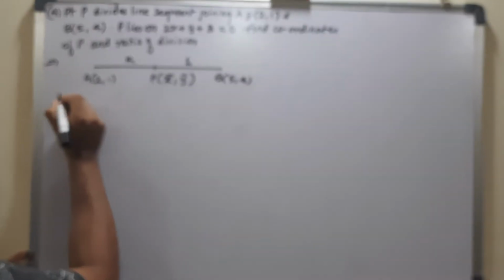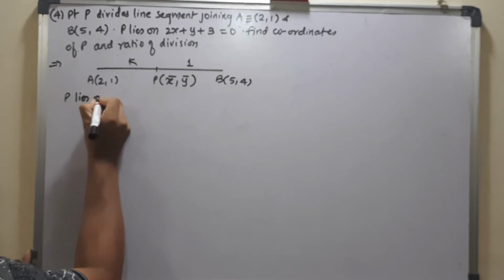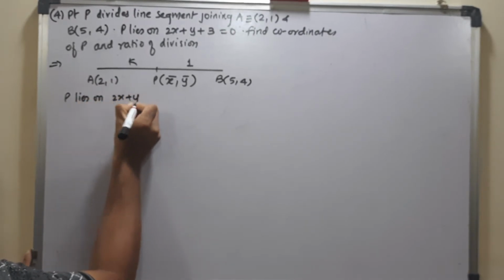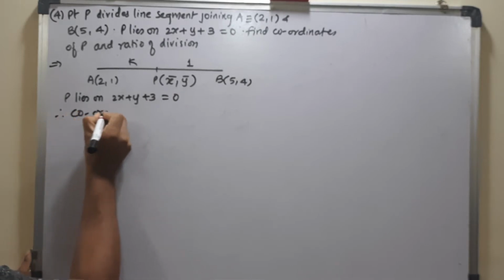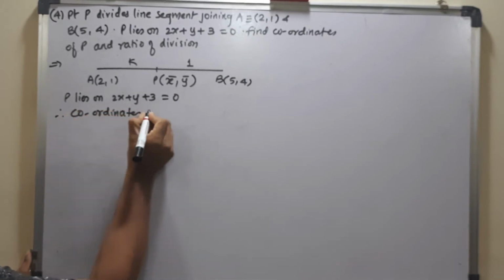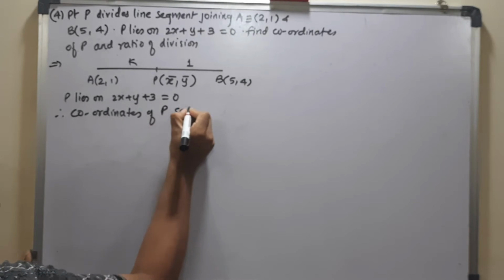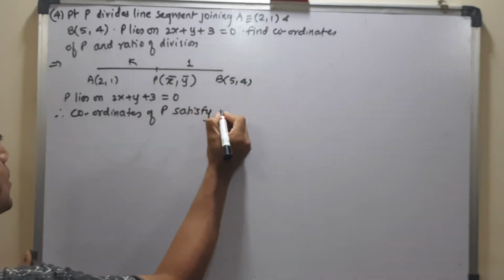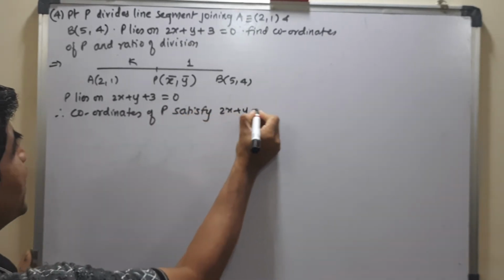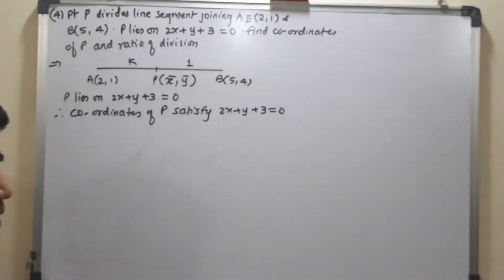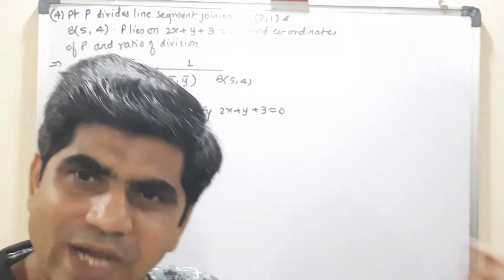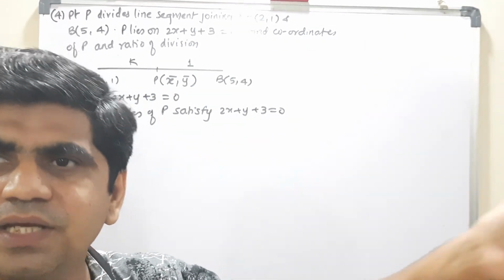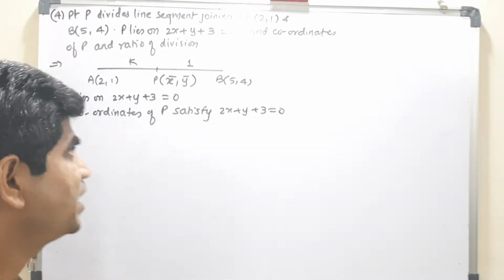That is the first line I will write here. P lies on so called 2x plus y plus 3 is equal to 0. Therefore, coordinates of P satisfy 2x plus y plus 3 is equal to 0. That means if x is replaced by x coordinate of P and y is replaced by y coordinate of P, the left side and right side both will become equal.